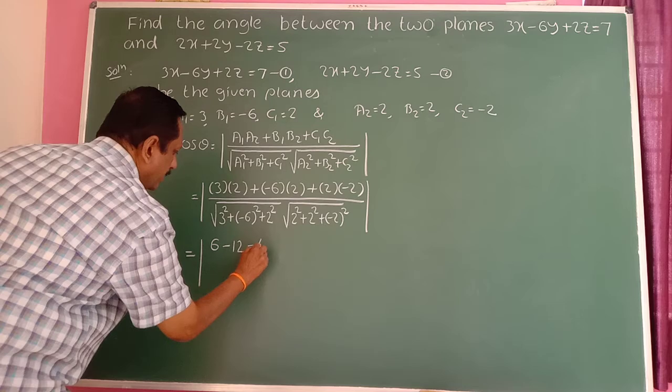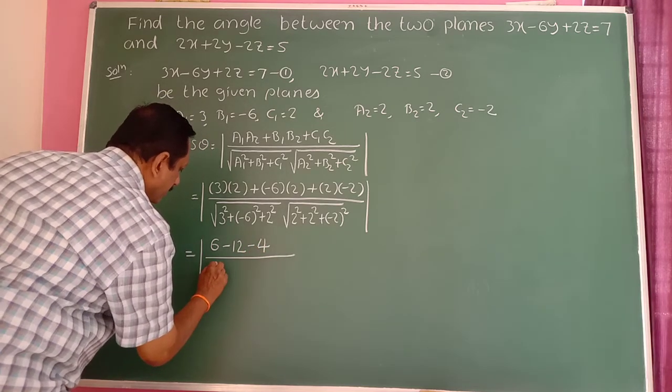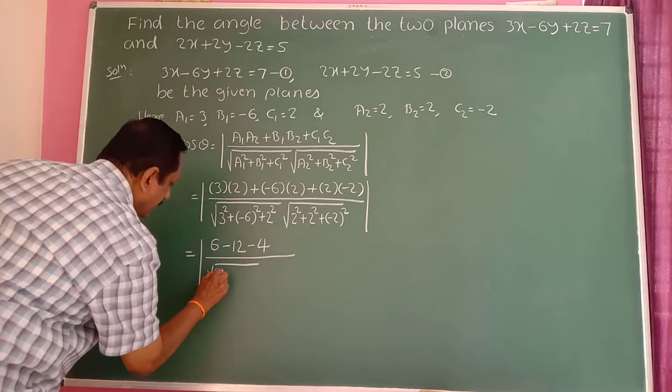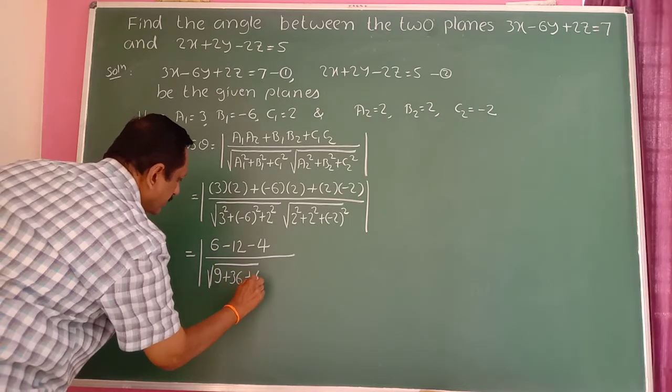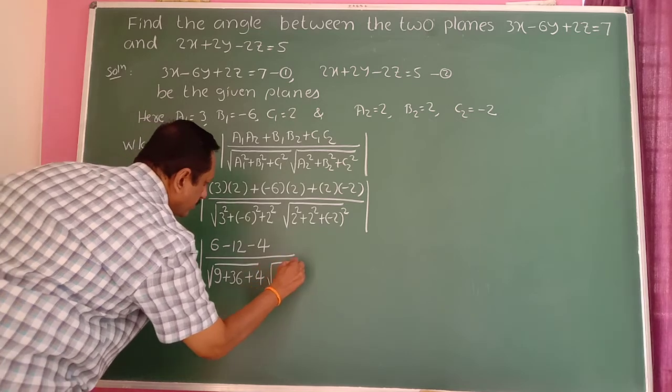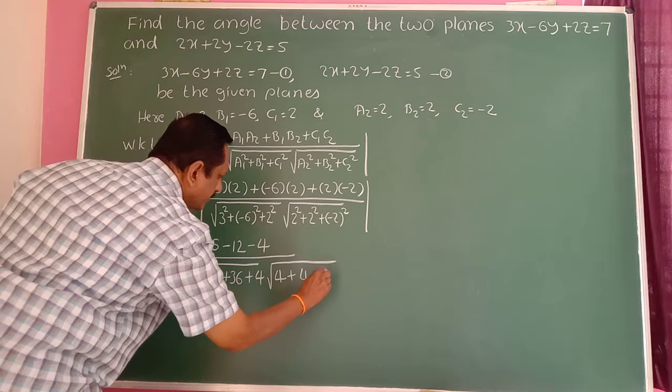Therefore, this equal to modulus of 3 2s are 6 here, then minus 6 2s are 12 and 2 2s are 4 here, divided by root of 3 squares are 9 here, 6 squares are 36 and 2 squares are 4, then the root of 4 plus 4 plus 4 here.